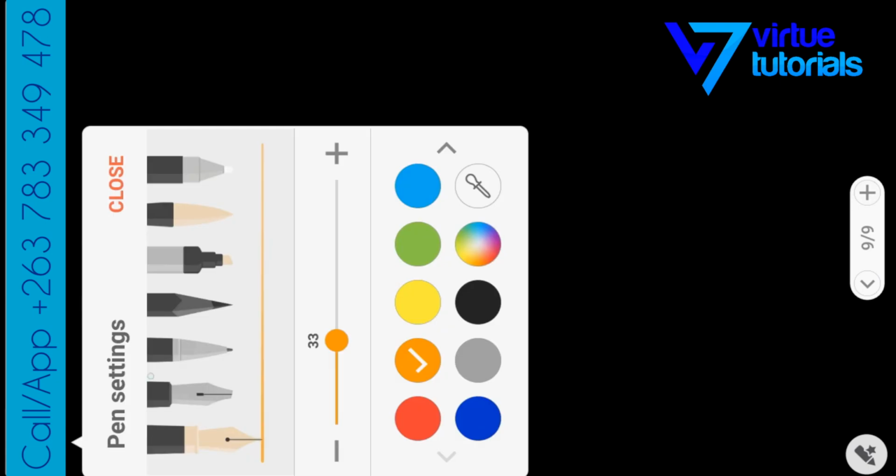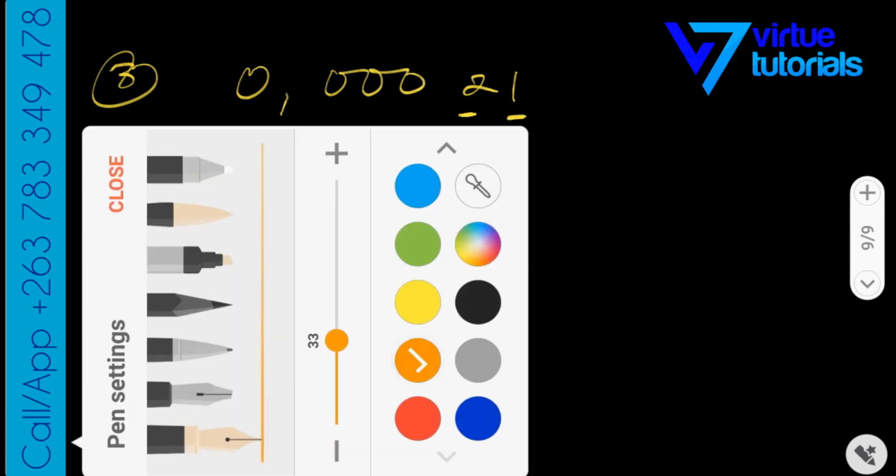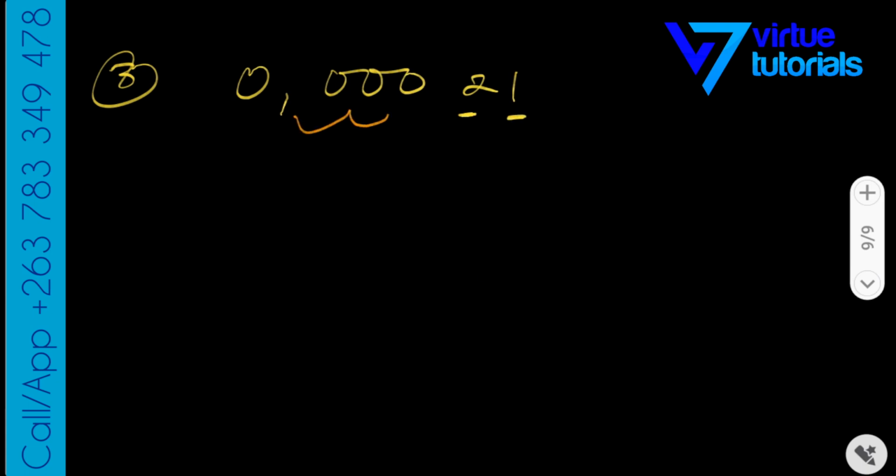Okay, so now let's try 0,00021. That's my first significant figure. That's my second significant figure. So I'm going to move my comma 1, 2, 3, 4. But notice I'm moving a different direction now. I'm now moving towards the right because the number is starting with a 0.